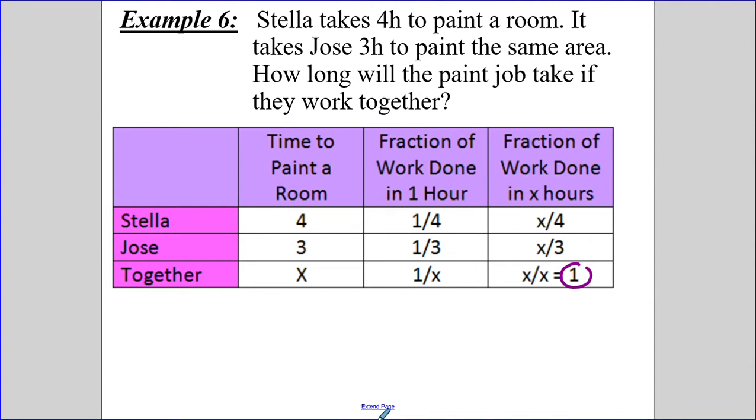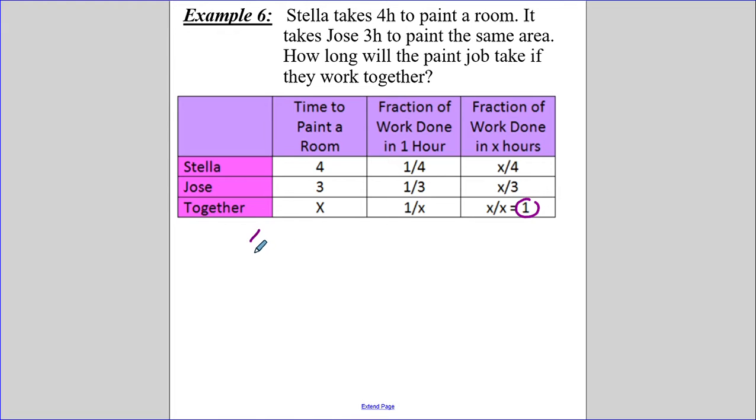We have this idea of an expression that says the time it takes Stella to paint the room in an undetermined amount of hours plus the time it takes Josie to paint the room is equal to 1, is equal to them painting the room and getting it done. So from here, we can solve for X and find out how long it takes them to paint the room.